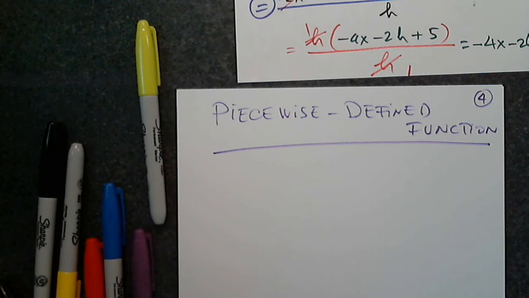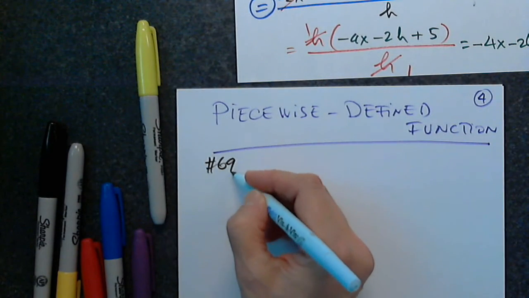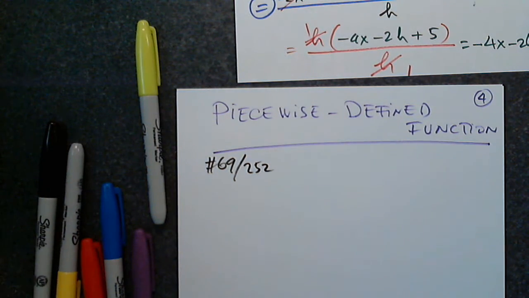Piecewise defined function. Okay. I'm going to select a problem. We are still on page 252. I don't like any of them, but I am going to select 69 on 252.